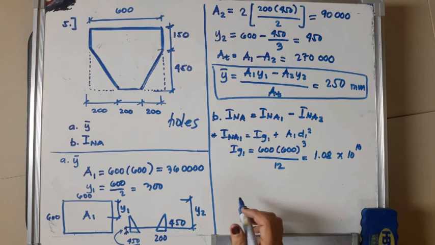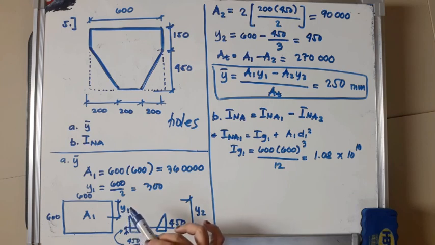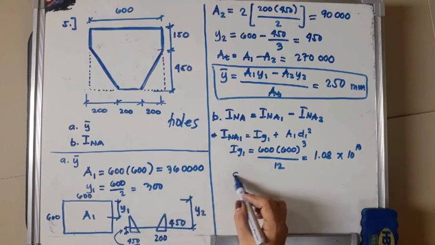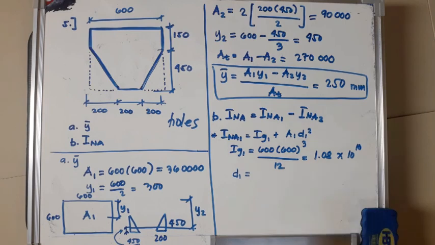Next, D1. Okay, we already solved for area 1 in letter A. So this time we will solve D1. So D1 is the distance of the centroid of the rectangle with respect to the neutral axis. So where is the neutral axis here?